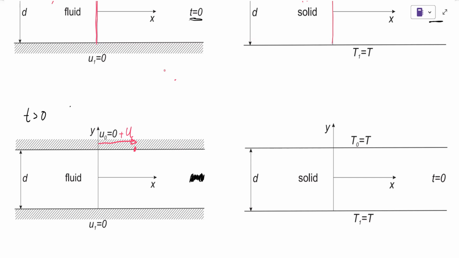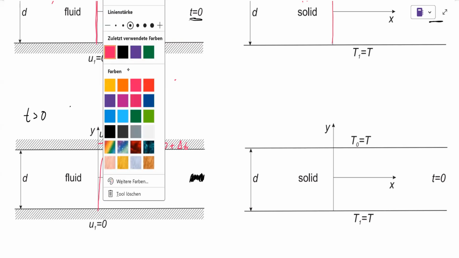At early times, only fluid which is very close to the upper plate, adjacent to it, moves with the velocity capital U. And then maybe t equals 0 plus 1 delta t.